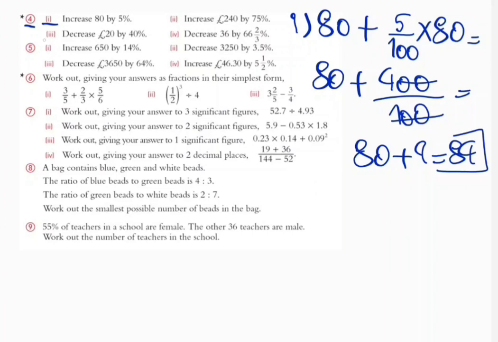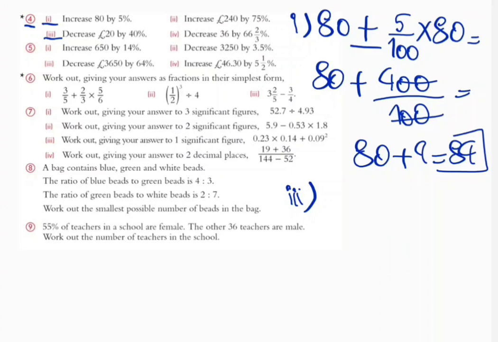Now let's do part 3, which says decrease 20 pounds by 40%. For part 3 we do exactly the same thing, but remember the difference here is that we are decreasing. So when we are decreasing, we subtract, unlike the first part, which was addition, because we were increasing 80 by 5%.